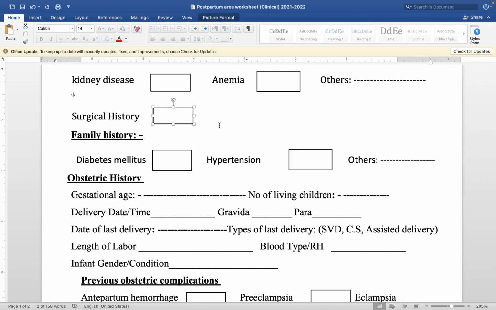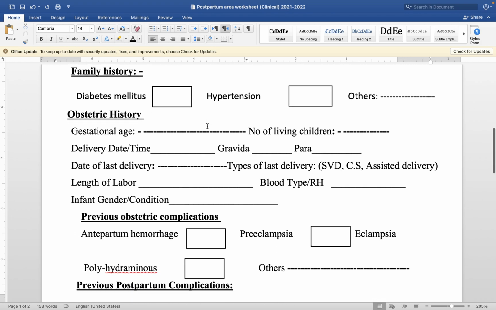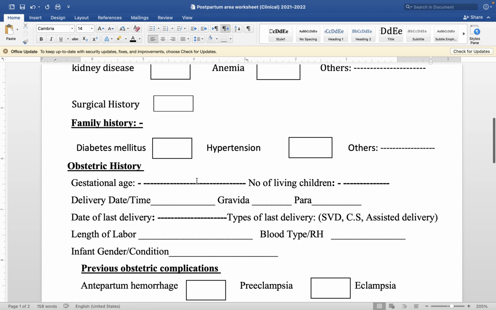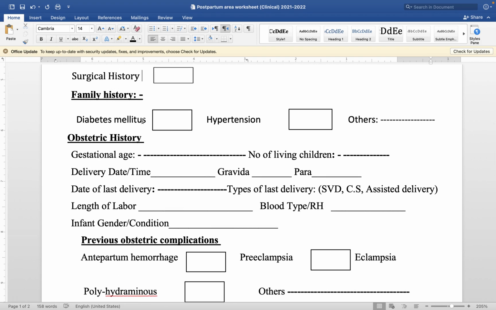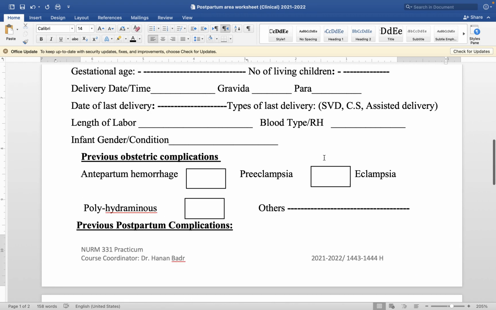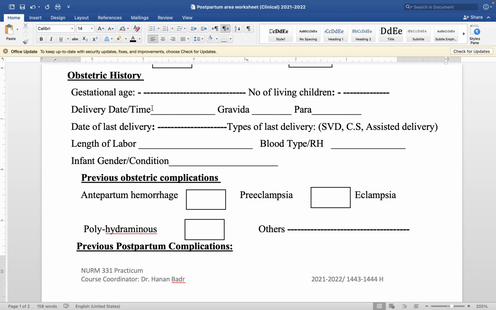Surgical history. Definitely, if she has a surgical history, we're going to list what kind of operation and surgery the mother has had. Major, minor, it can be mentioned in this area. Family history, we mention diabetes mellitus and hypertension because they are the most common comorbidities in Saudi Arabia, but definitely you have another option to mention the rest.